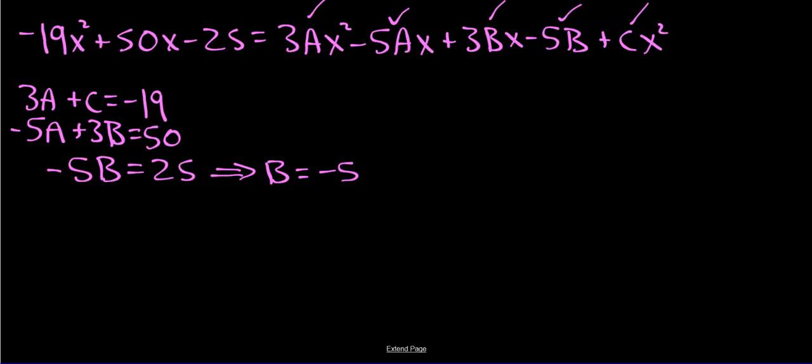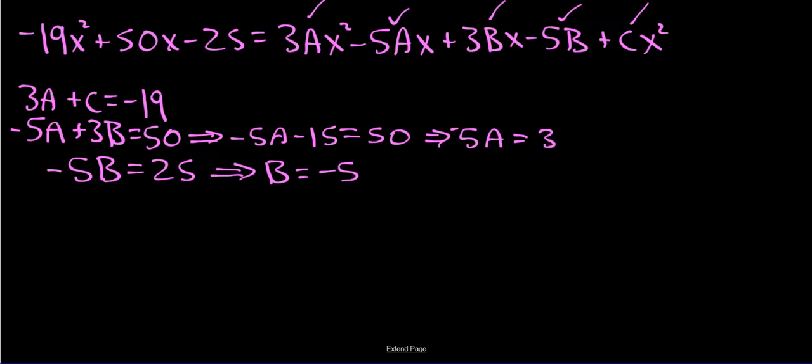Well, if b is negative 5, then that means up here we have negative 5a minus 15 equals 50. See, I just put a negative 5 in place of b, so 3b became negative 15. And this will give us negative 5a is equal to, 35, right?